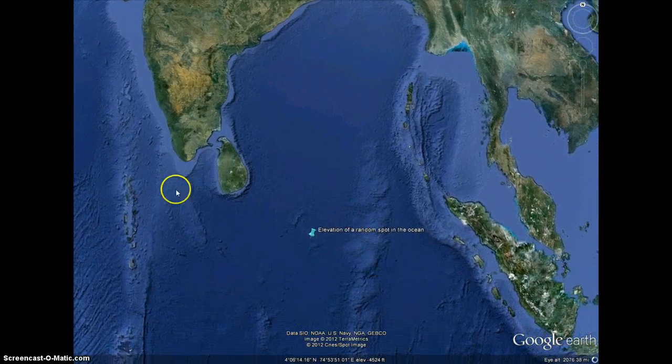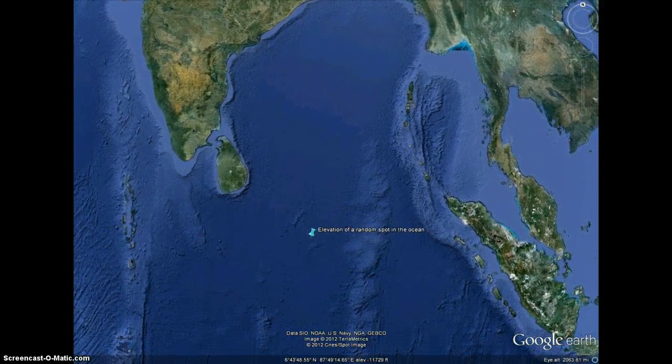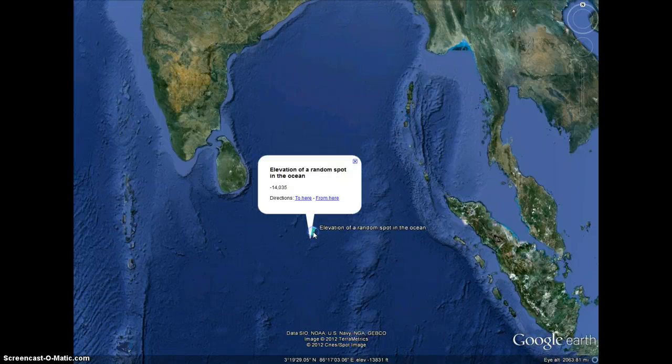This is not the deepest of the deep, but this particular point in the ocean is negative 14,035 feet. So that is very, very deep, especially if you think that the average person is about 5 feet 7 inches tall. Can you imagine something being 14,000?